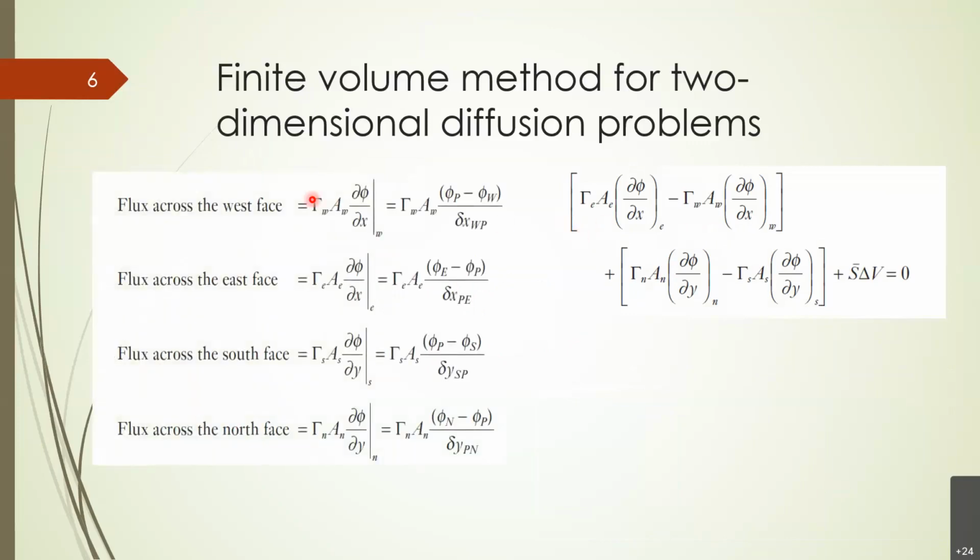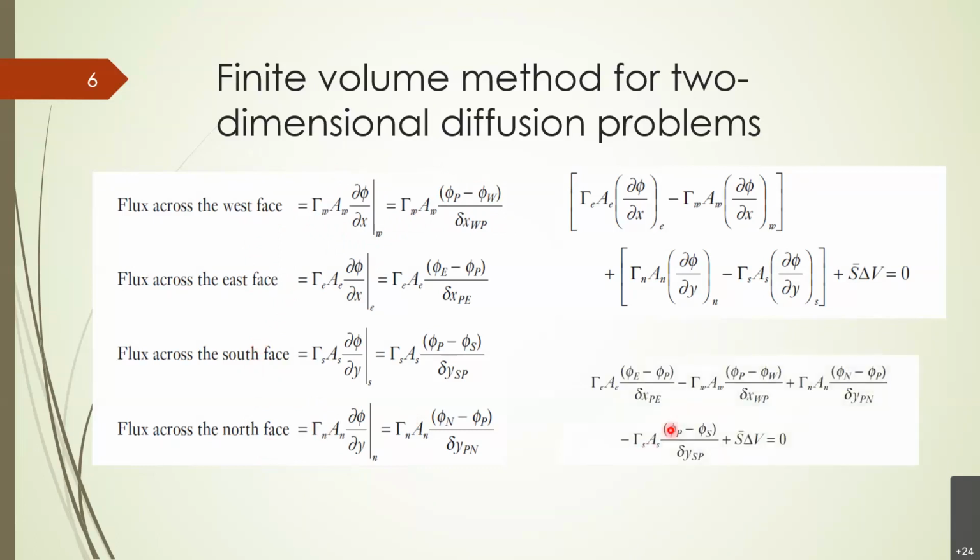So for a flux at the west face, Γw Aw ∂θ/∂x for the west face, we can represent as Γw Aw, as we said before, (θP minus θW) over ΔxWP, and the same thing will be for the rest of it, for the east face, south face, and north face.